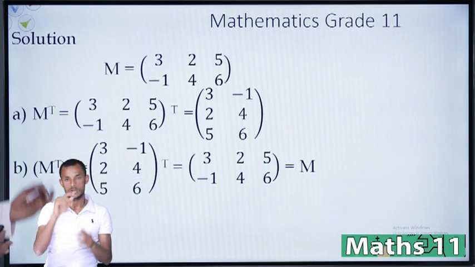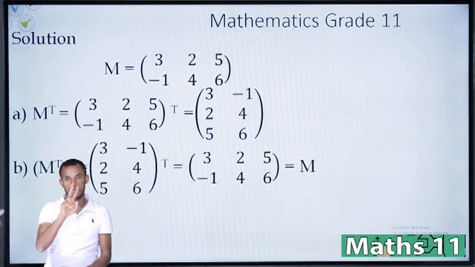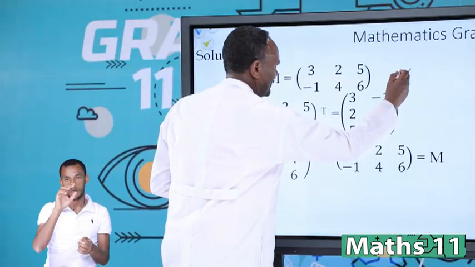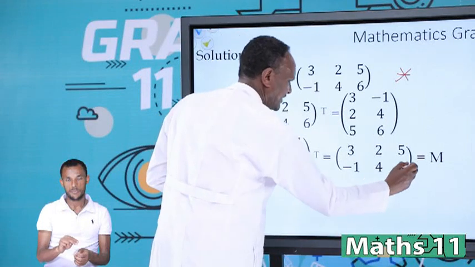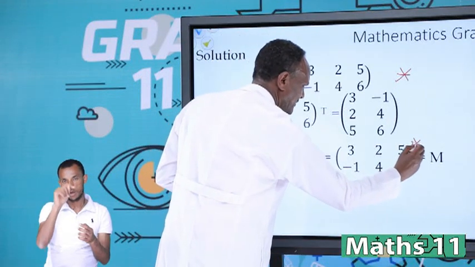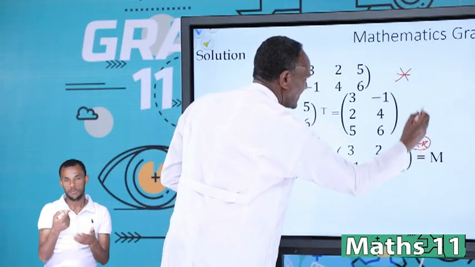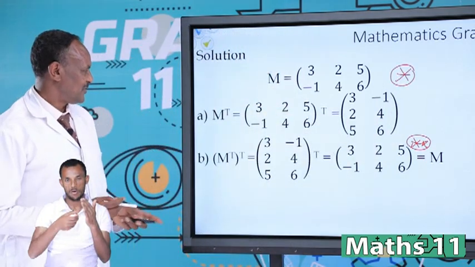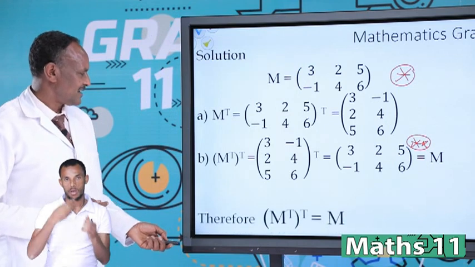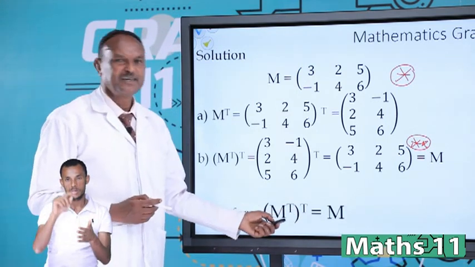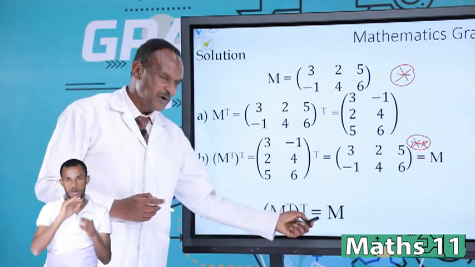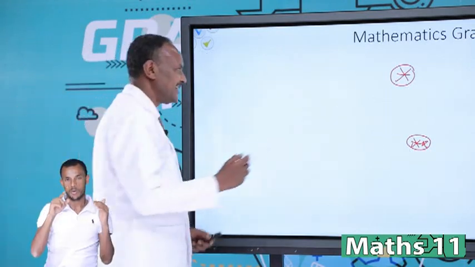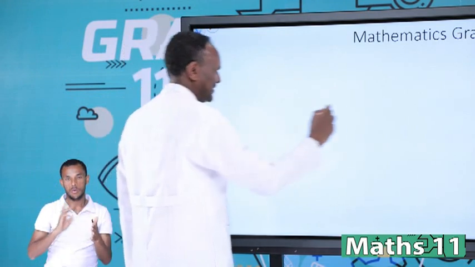The size of the result is 2 by 3. And when you refer to matrix M, it was this one. The transpose of the transpose again was this one. When you compare these two, the two values are equal. So we can conclude that the transpose of the transpose of a given matrix is always equal to M. I hope you remember that when you discuss relations.